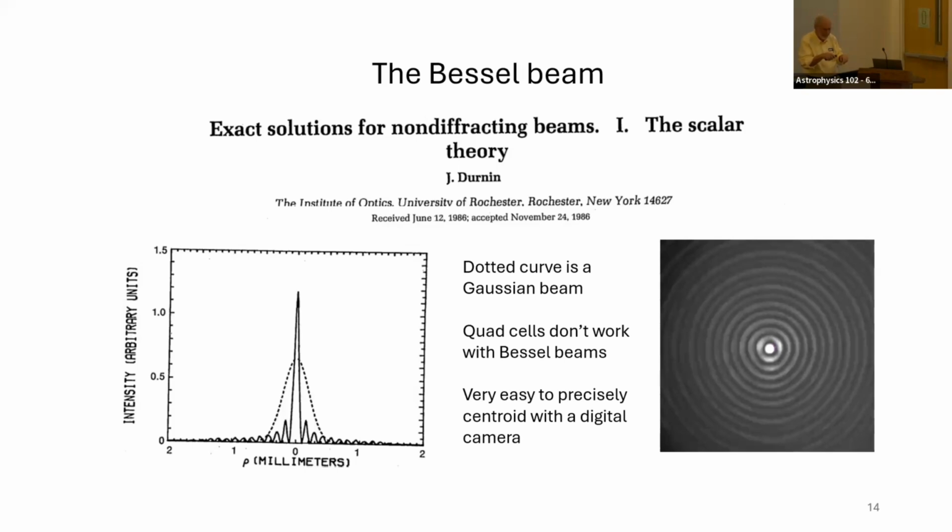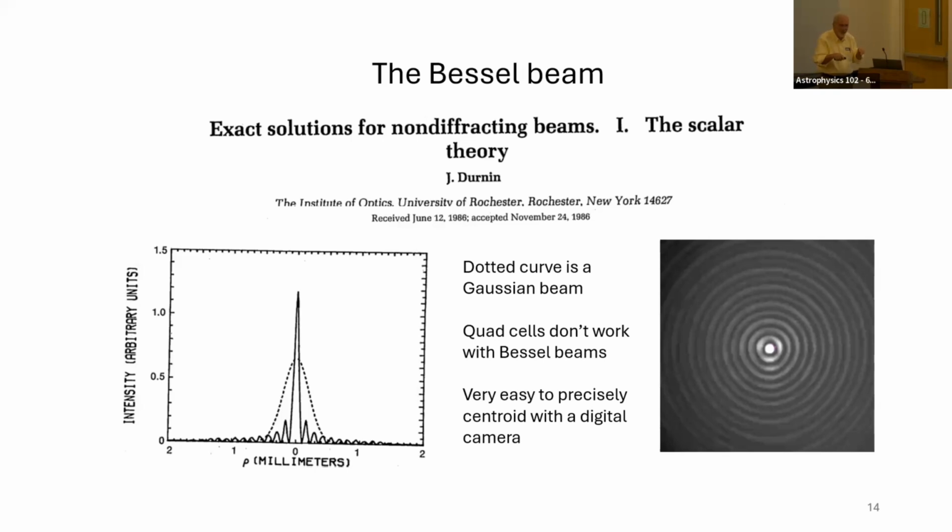This is data I took. This is theoretical data, Durnin, with a Gaussian beam here relative to it, and I don't know how we normalize things. Quad cells don't work with Bessel beams because you've got the energy spread out, and so the quad cell is essentially insensitive to moving across.